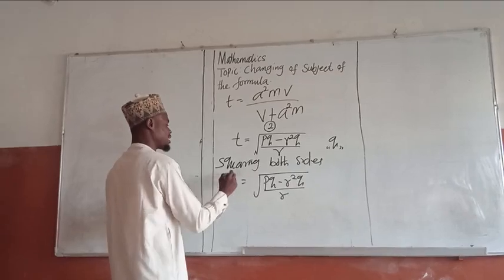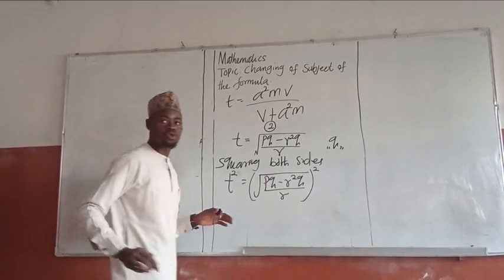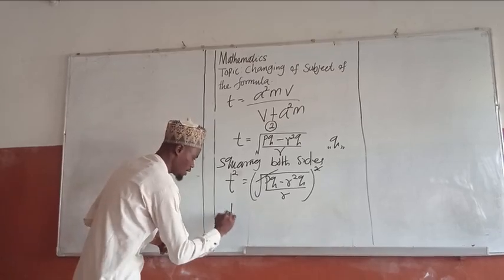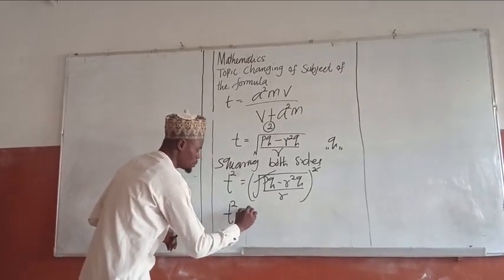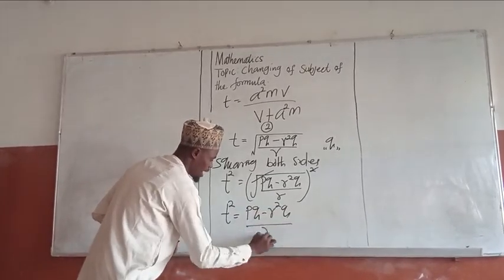Now what I did is that I squared the left hand side and I also squared the right hand side. So the square will cancel the square root. We now have T squared is equal to PQ minus R square Q all over R.